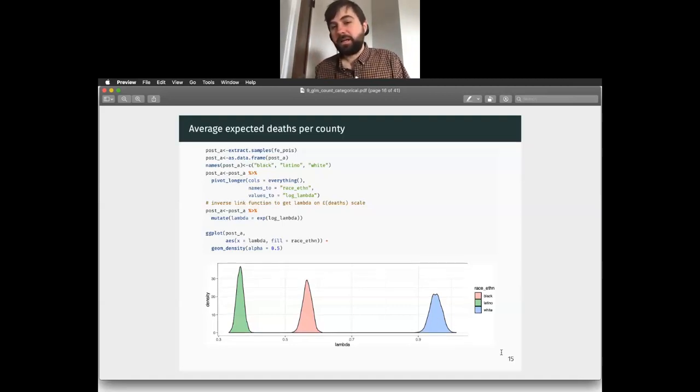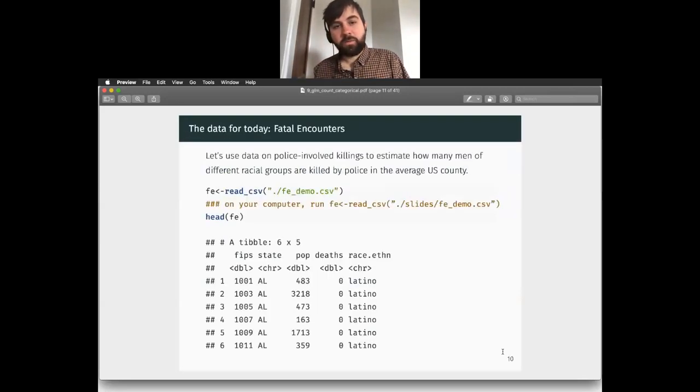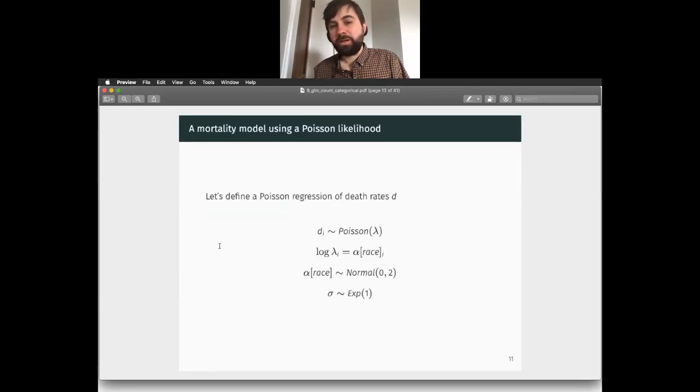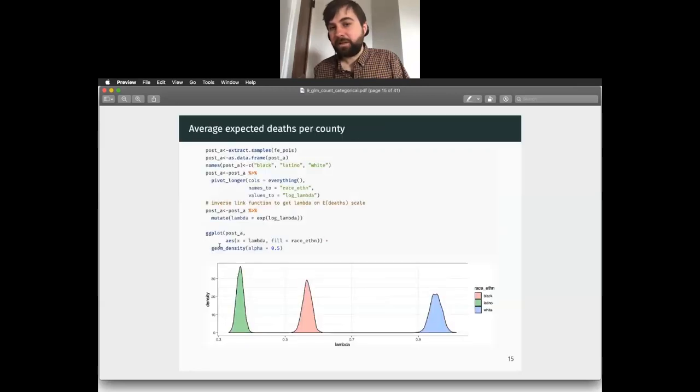Here we're getting close to a Poisson with lambda equal to 1. So we're getting close with whites to this distribution on the count scale, right? This is the distribution of the expected values. So this is our posterior inference for where lambda is for each group. Any questions on that?